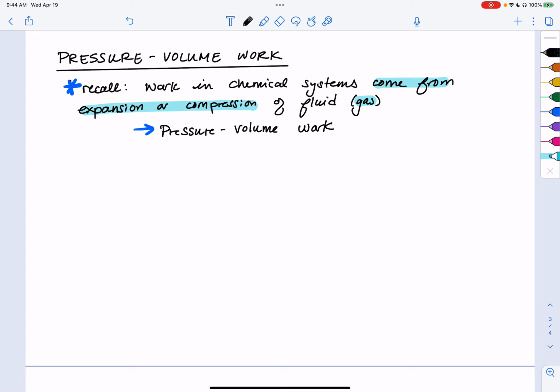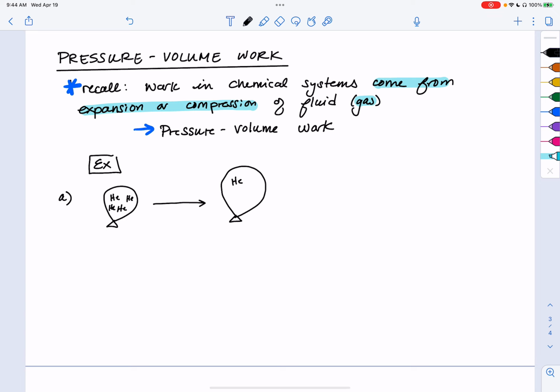So let's think about pressure, volume, and work in general just by looking at a little example. Let's look at balloons. Let's look at some kind of scenario, A, where I have a balloon that is full of helium particles. Let's say that my system undergoes some kind of change such that the balloon expands.